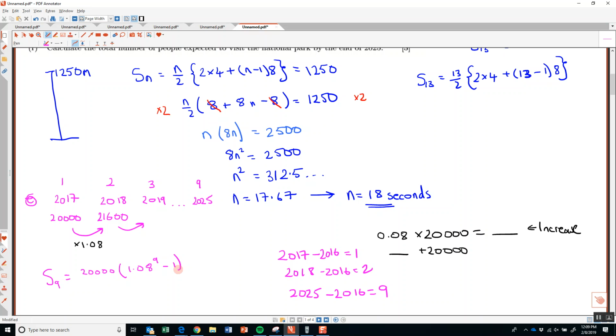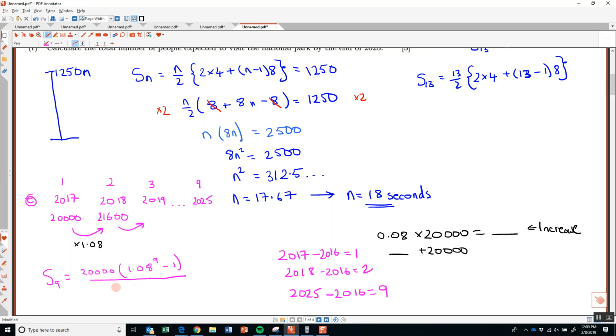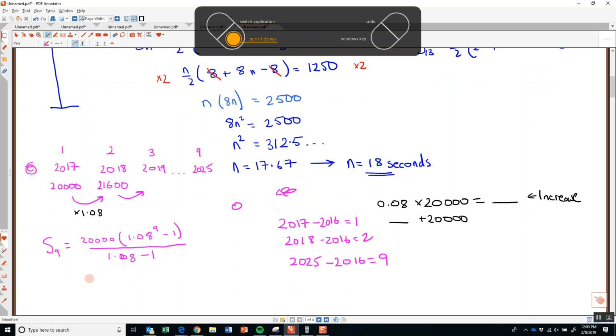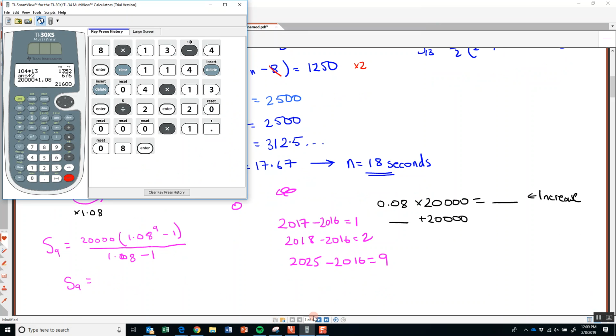Good, 9, subtract 1, divided by 1.08 subtract 1, okay? So it's just using our formula. We put all of that in to our calculator.